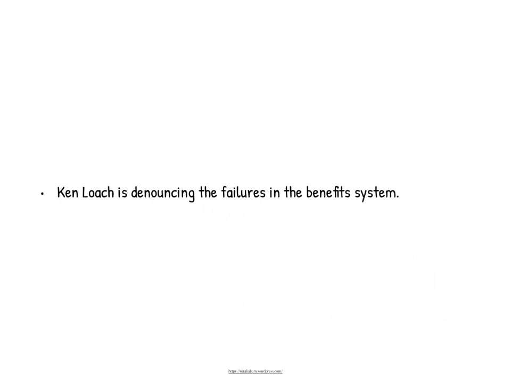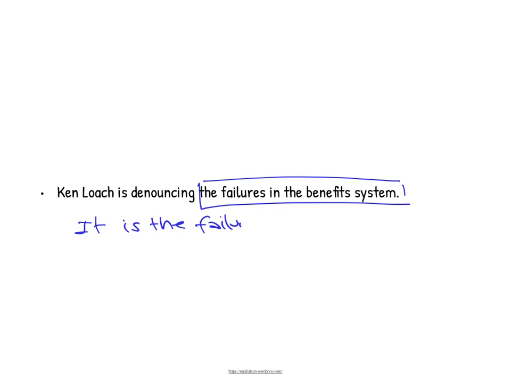Some more examples. We've been talking about Ken Loach's film I, Daniel Blake, and Ken Loach is denouncing the failures in the benefits system. So you could say it is the failures in the benefits system that Ken Loach is denouncing.